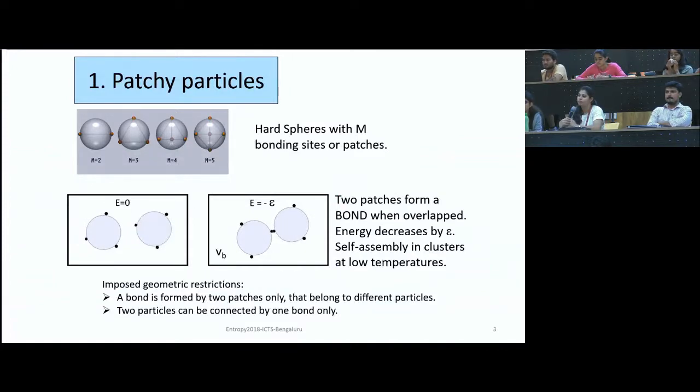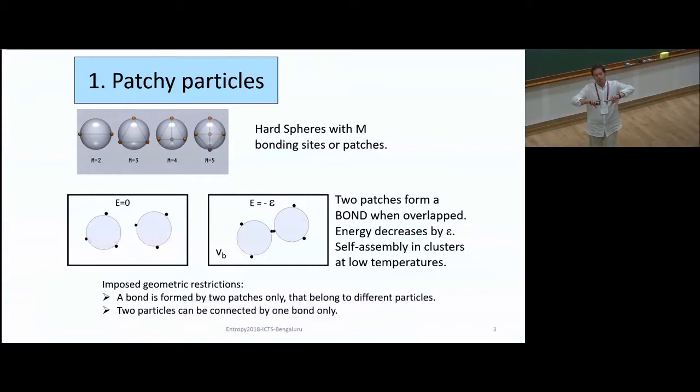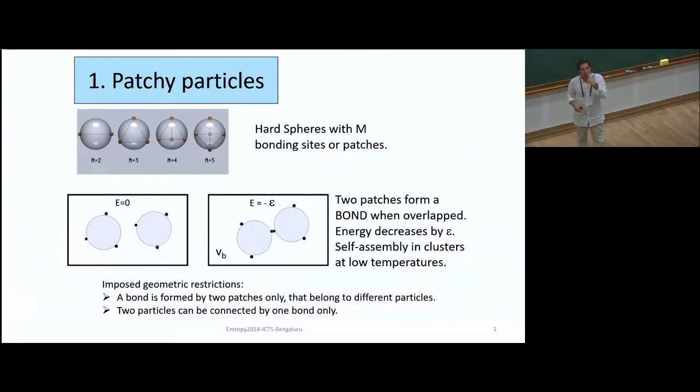And then you can start to have, for instance, a bond formed by three patches, and you can start to have two particles that are bonded by two pairs of patches. And that changes the phase diagram a lot. But you're right, and in principle, you have to design this very specifically to get these effects. But you're right, there are changes.